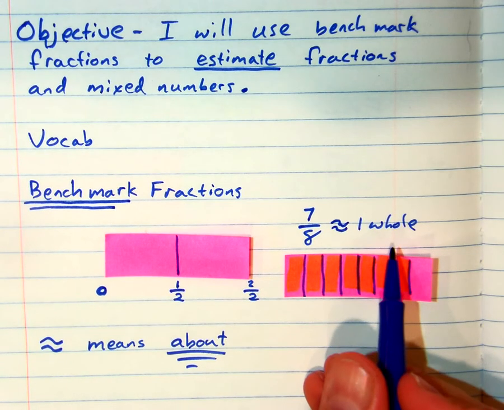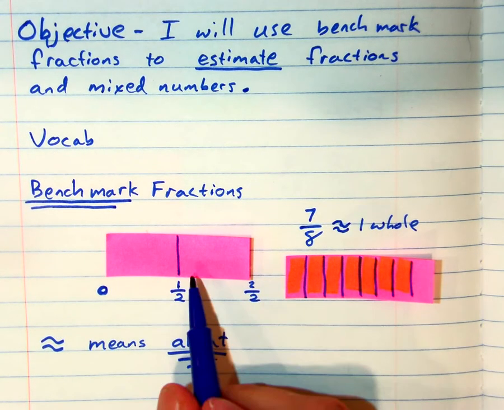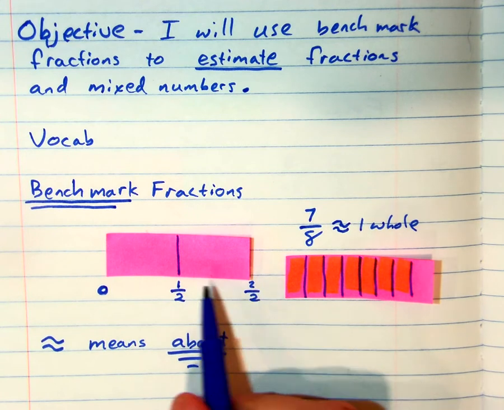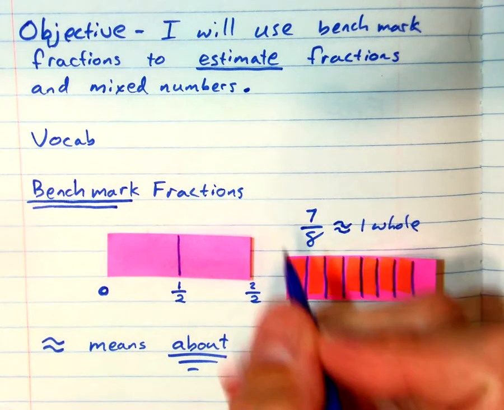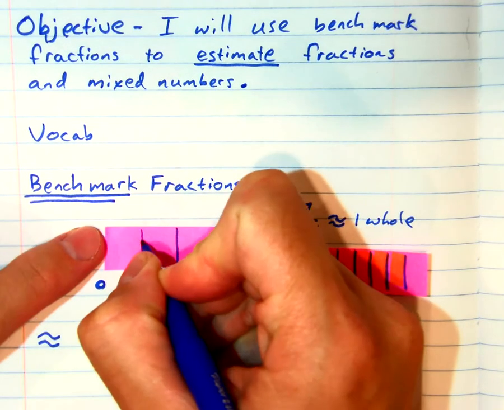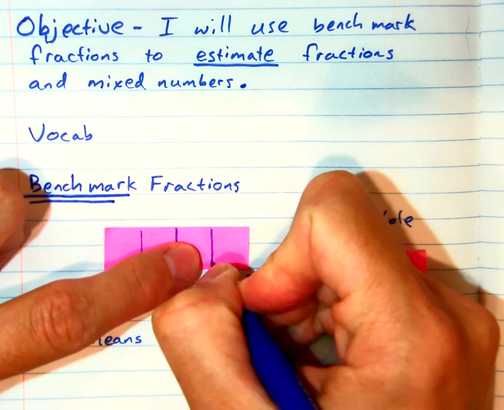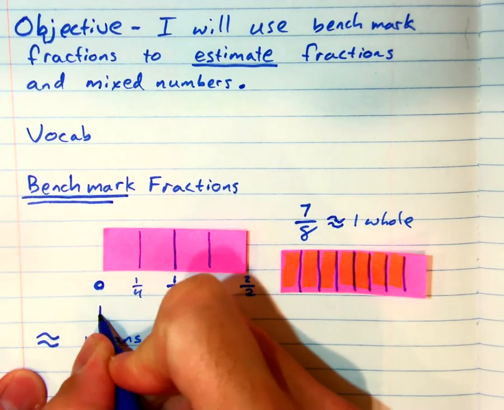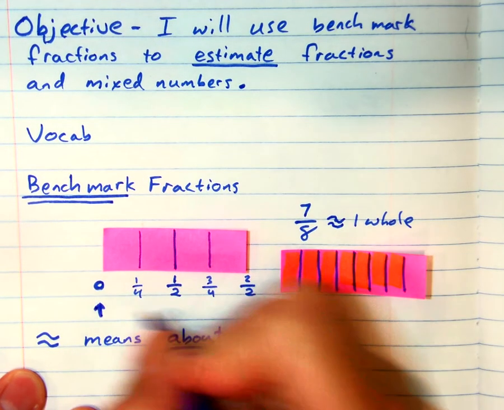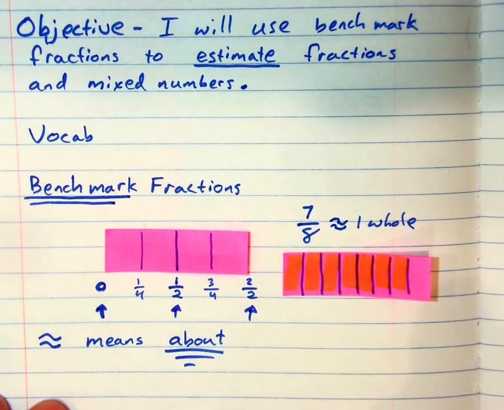So you could think that we're rounding, but we're just saying it's nearest to 1 compared to 1/2 or 0. A few other benchmark fractions that can help you along the way would be 1/4 and 3/4. But the ones that are most important are, is it close to 0, close to half, or close to whole?